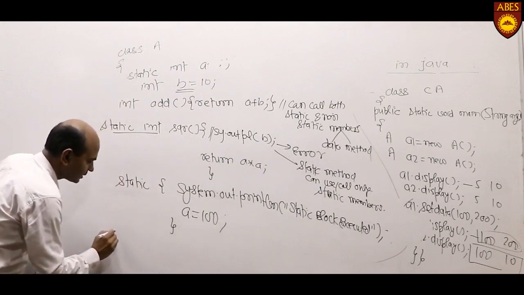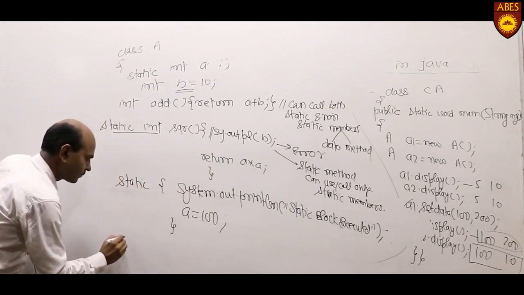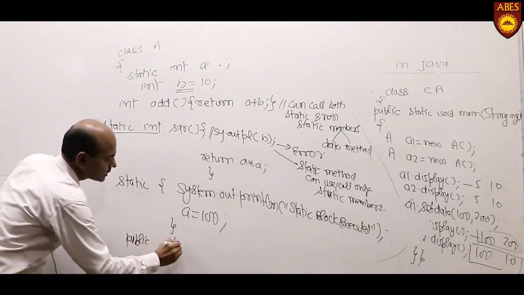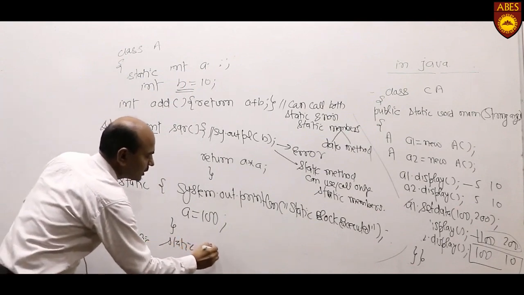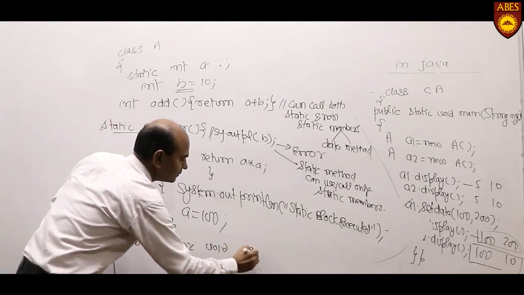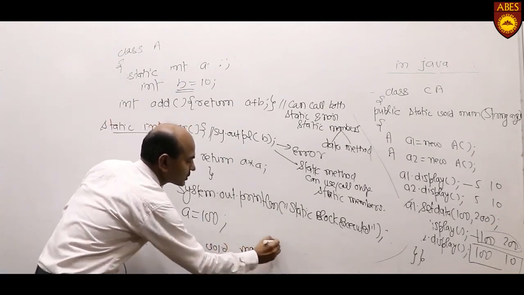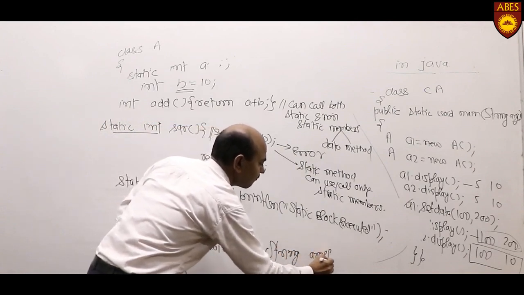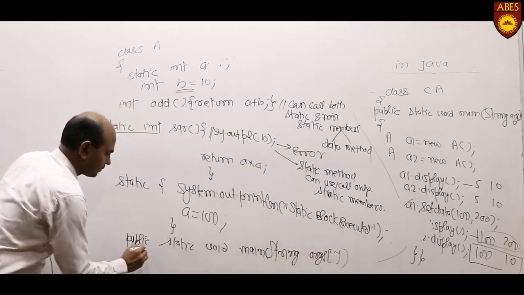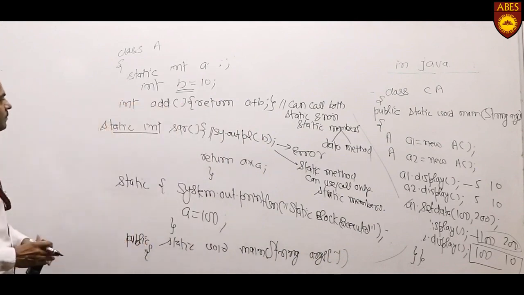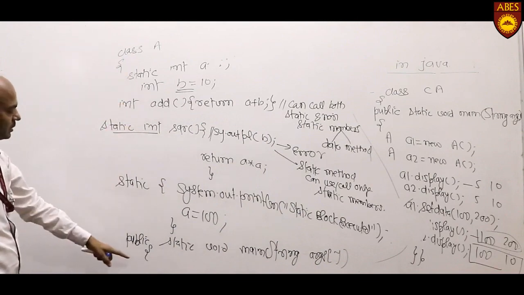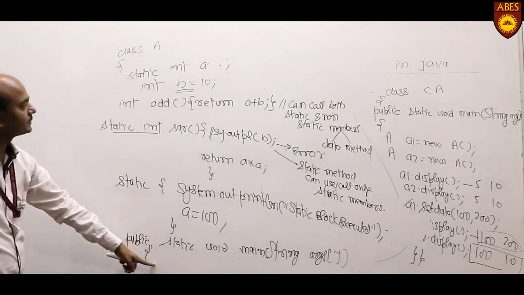So now I will write public static void main, String args. Now which members can I call inside the main method?